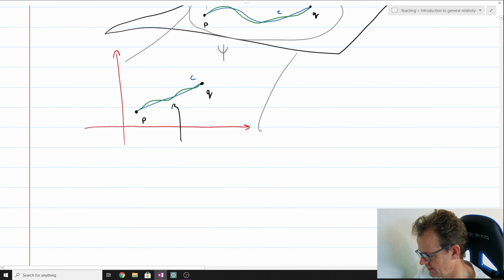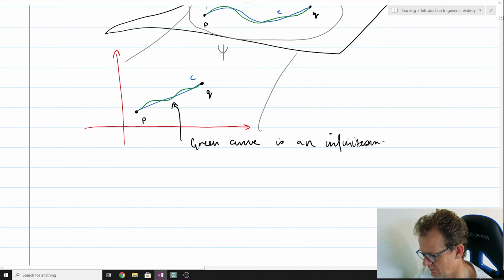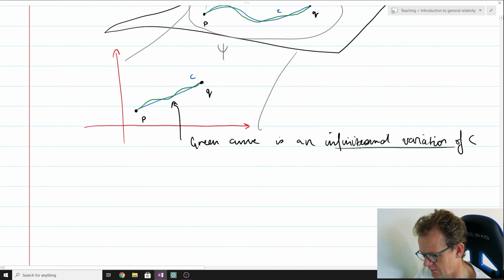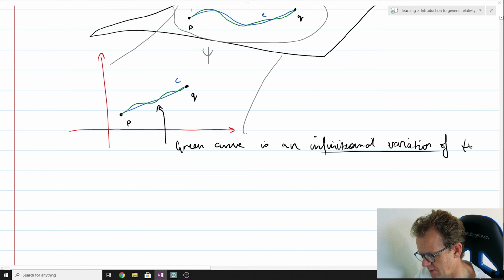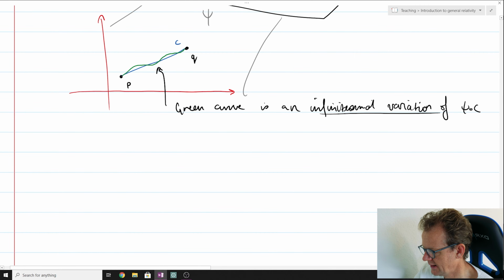So this green curve is an infinitesimal variation of psi compose C, if we're being super proper. So what does that mean?